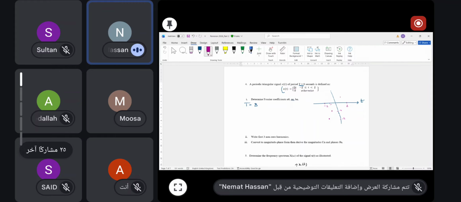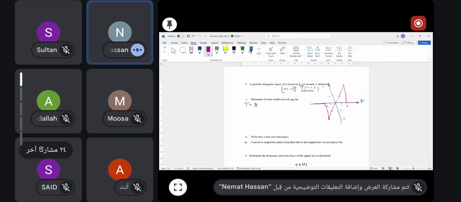At 0 it will be equal to 0. At 1 it will be equal to 2. And at 2 it will be equal to 4. So basically, it looks like this. And then otherwise it's 0, which means from here onwards, it drops to 0, right? This is what it looks like.